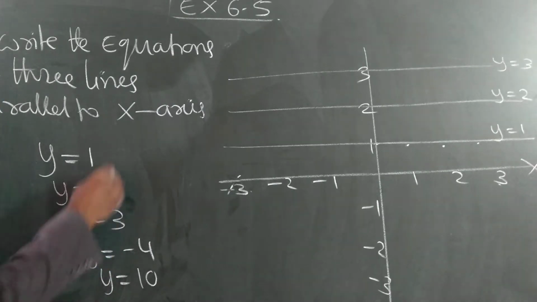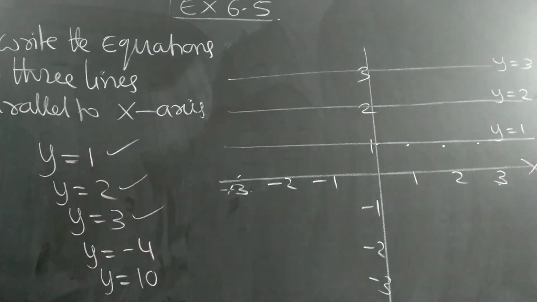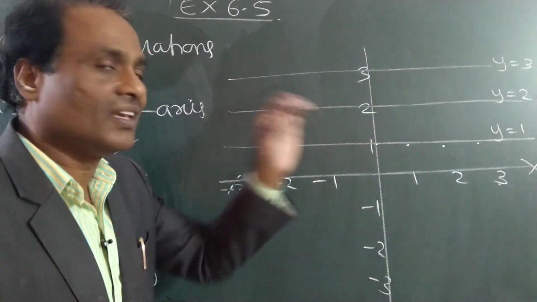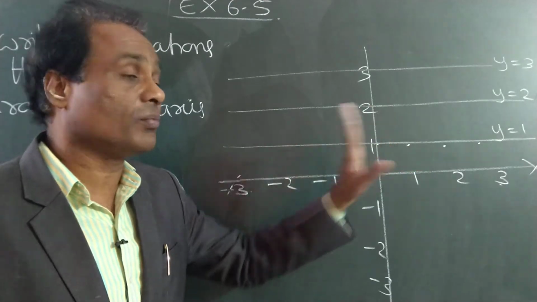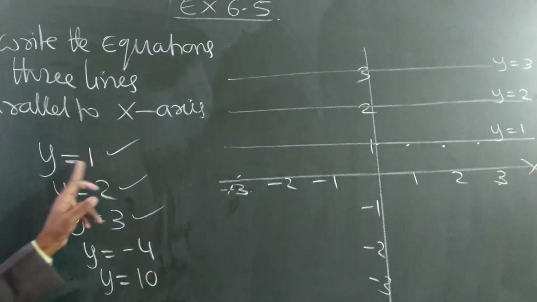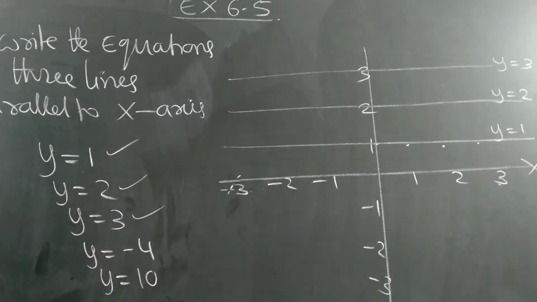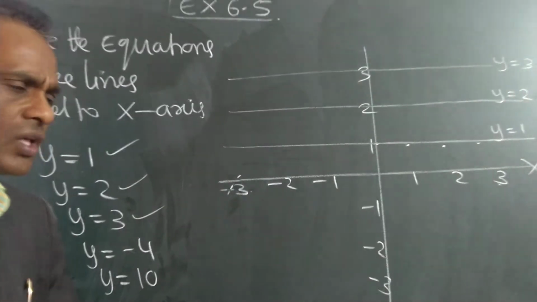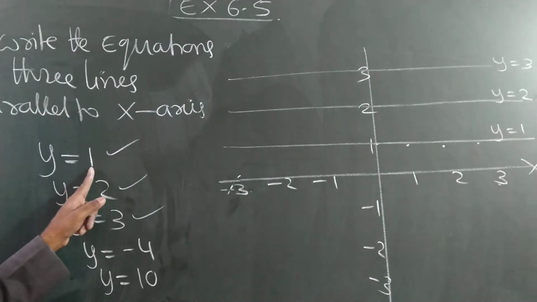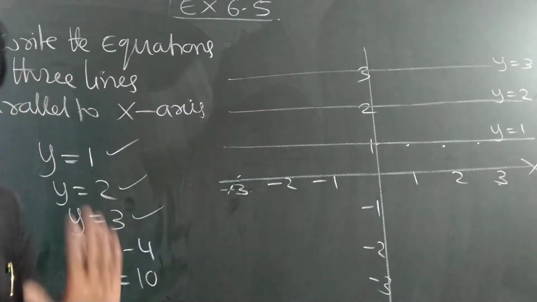Any three you can write. A line parallel to x-axis means its equation will be y is equal to something. Y is equal to 1, y is equal to 2, y is equal to 10, y is equal to -3, y is equal to -4, y is equal to any number, it will be parallel to x-axis.